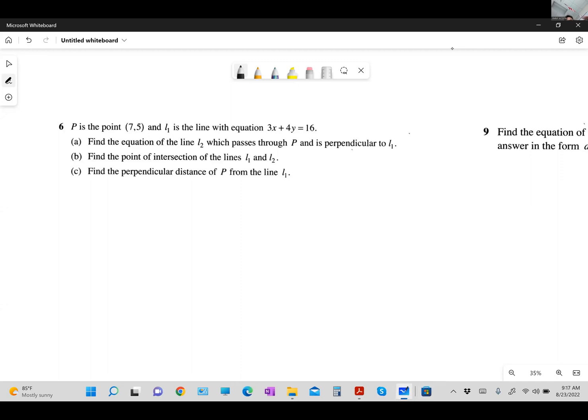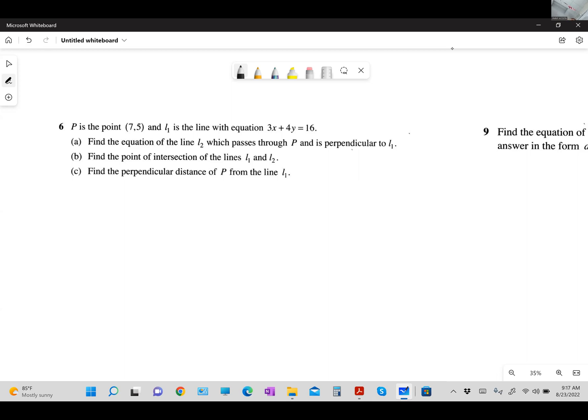Okay, fine. Now they want you to find an equation of line 2, another line, which passes through P and is perpendicular to L1.